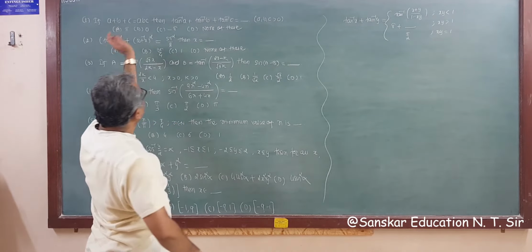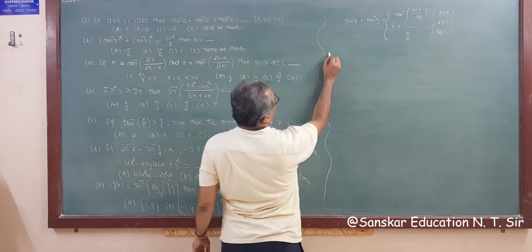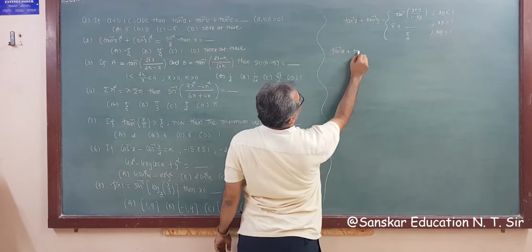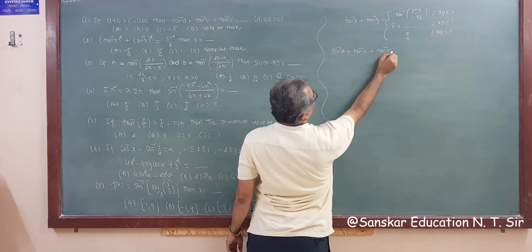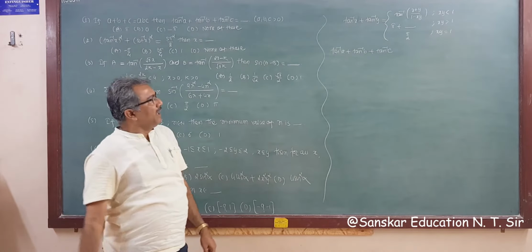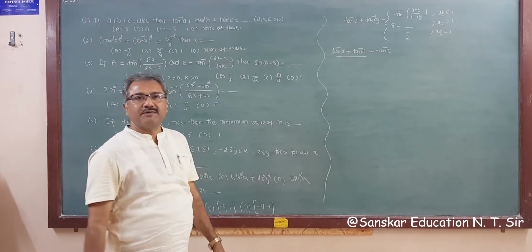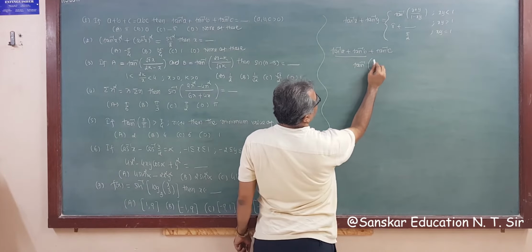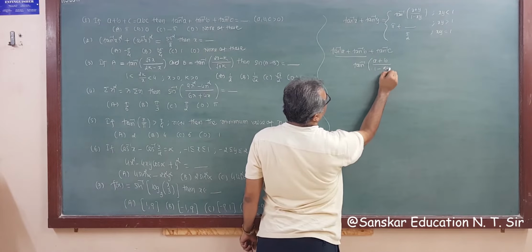Now here we have tan inverse a plus tan inverse b plus tan inverse c. If we apply the formula for tan inverse a plus tan inverse b, the answer will be tan inverse of (a plus b) upon (1 minus ab).